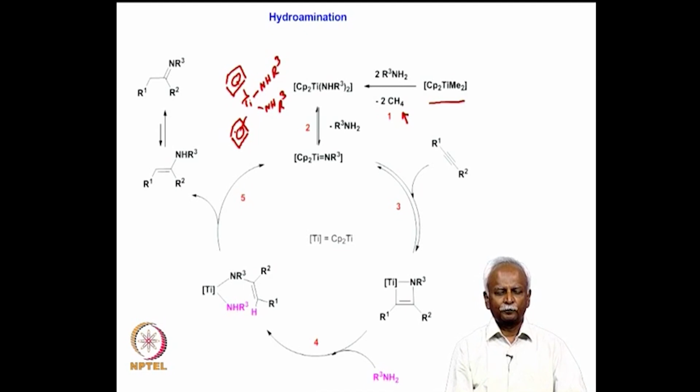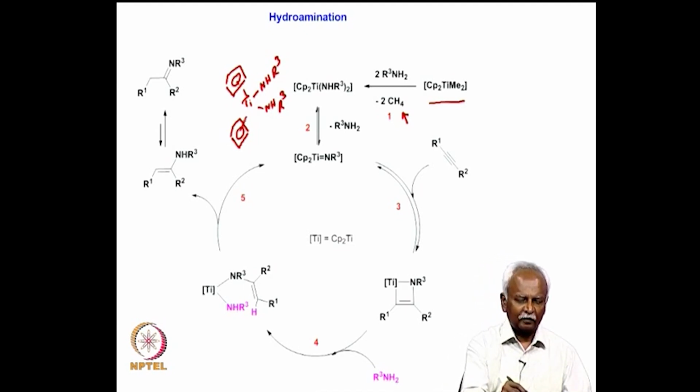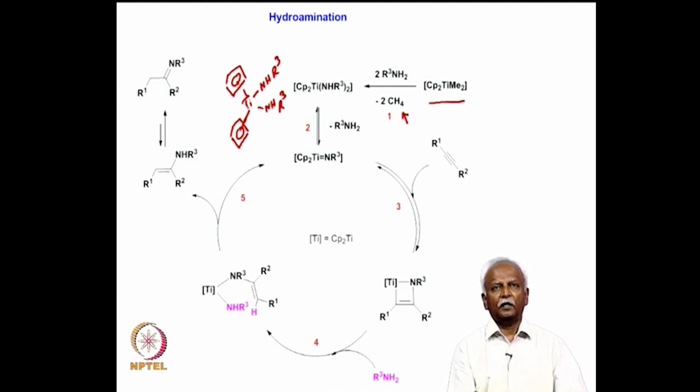So, here is the catalytically active species, but this species loses one molecule of R3NH2 and generates an imido species, which means there is a titanium double bond NR3 group.